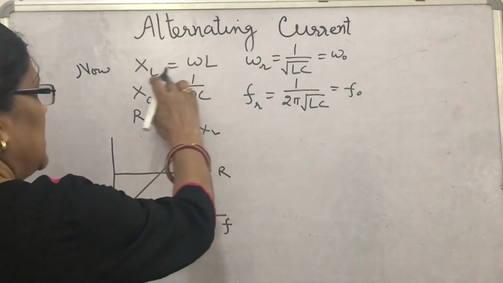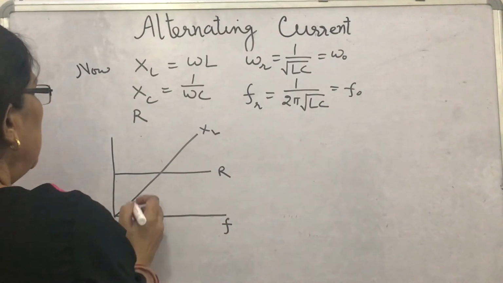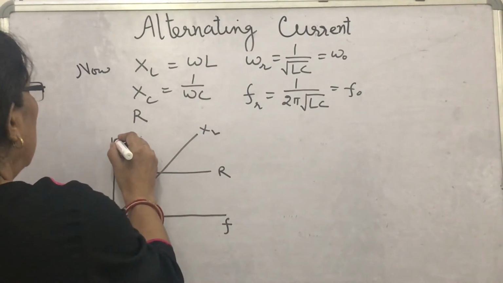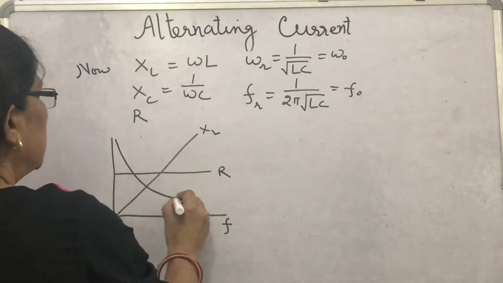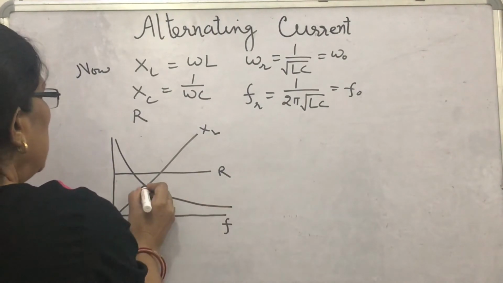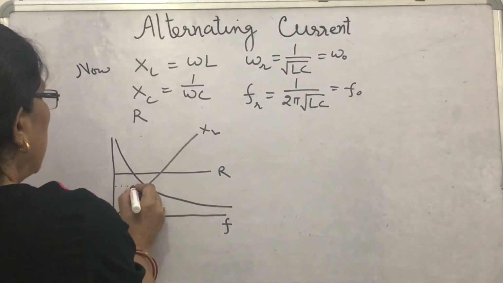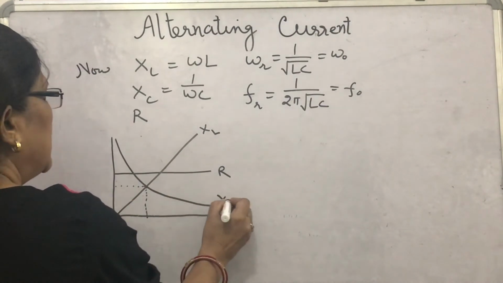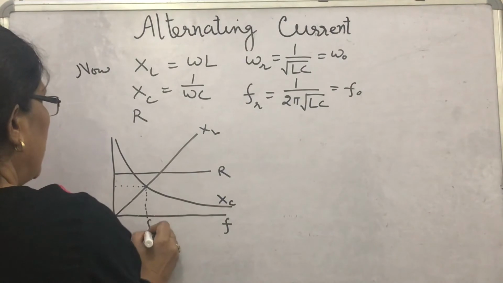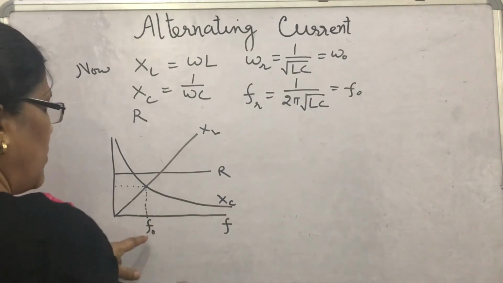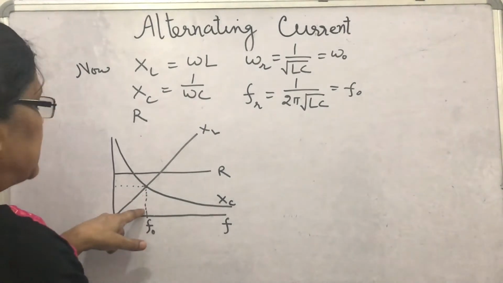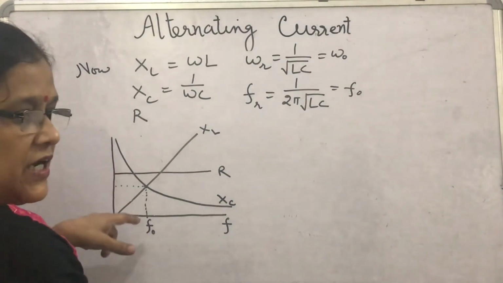XL is directly proportional to frequency and XC inversely, so we will draw the graph like this. At this point of intersection where XL is the same as XC, this is the graph for XC, we will find this is f naught or fR, that is the frequency at which resonance takes place when XL and XC are the same.